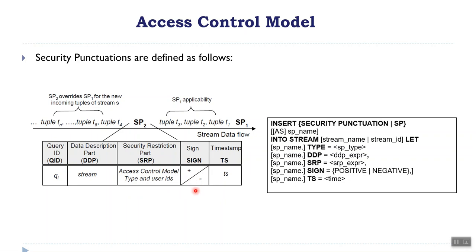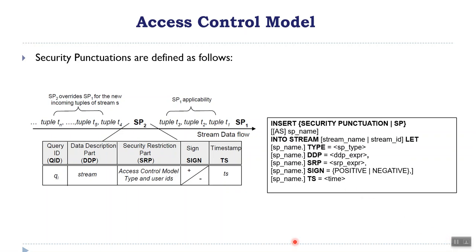And basically what it is saying here is that this particular user or group of users are allowed or denied access to that particular stream that is feeding into a particular query. And then finally, of course, every security punctuation has a timestamp to identify when it was created by the data stream management system and injected into the data stream.